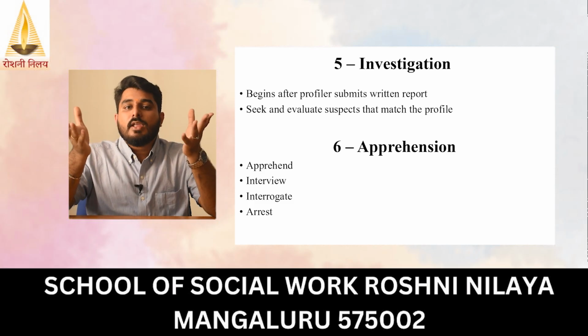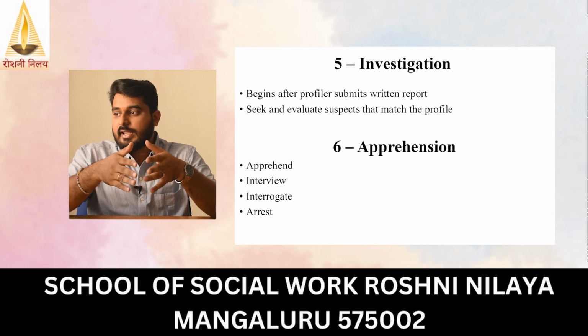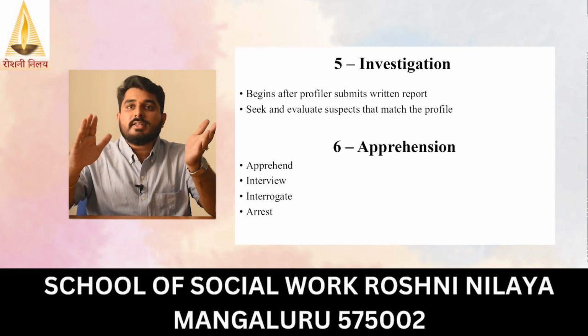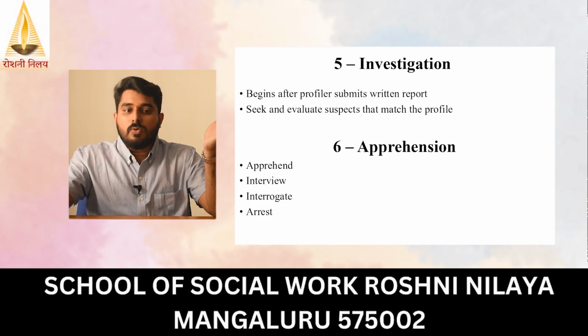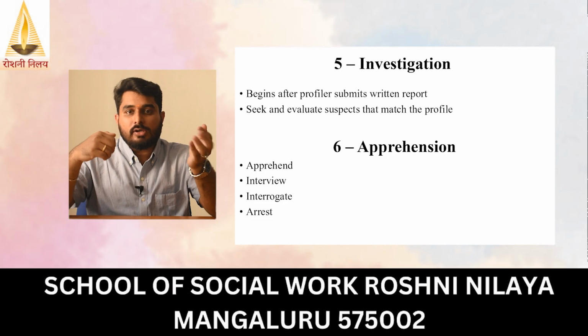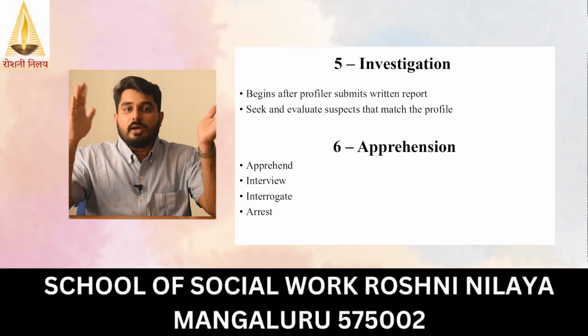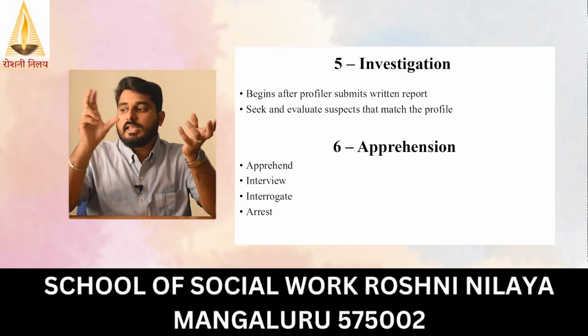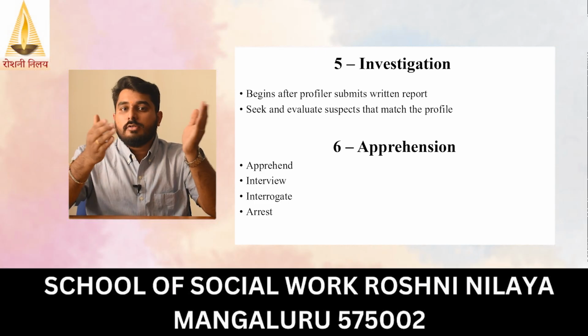See, the main point of criminal profiling is that when a crime occurs, we can see hundreds of suspects who might have committed that crime. But the criminal profile will reduce the number of suspects from 100 to 50, 50 to 10, 10 to 5, and finally the investigation will come to 1.